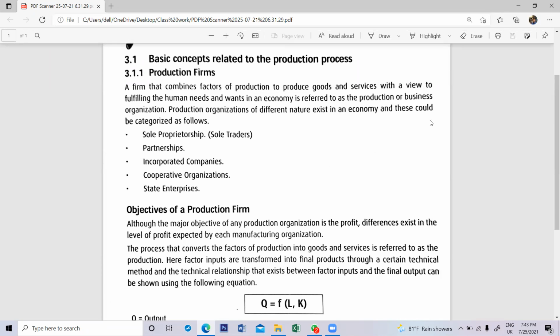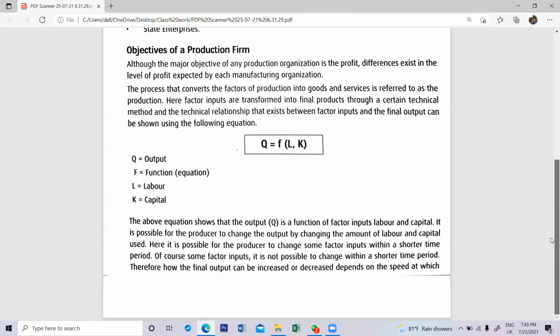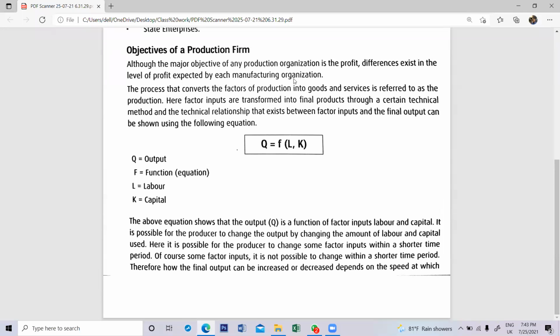So the first four go under the private sector. The last one falls under the government or the public sector. Thereafter, objectives of a production firm.